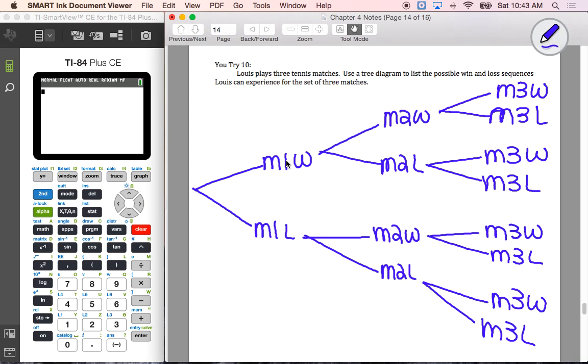If you want to count, you will see we have 2, 4, 6, 8 for the total number of combinations that they could have for these win-loss sequences. We could have also seen if we take 2 options for the first match, 2 for the second, 2 for the third, when I multiply those, we get 8 also.